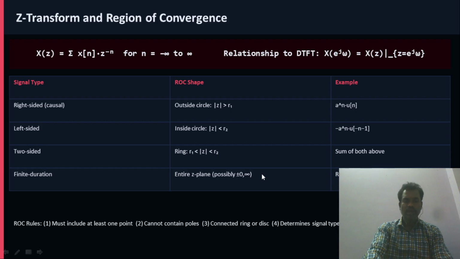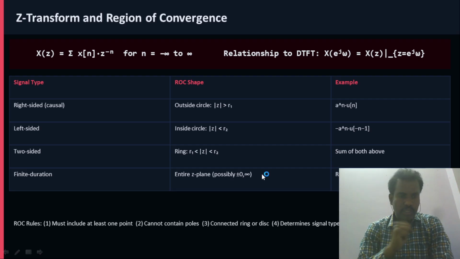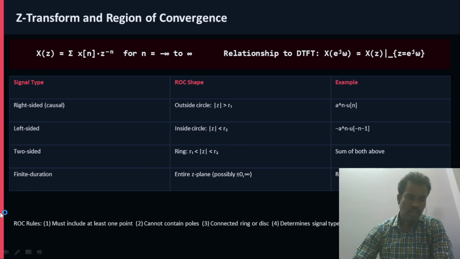Likewise, you can find the Z transform for any input signal, but only for a limited region of convergence. That depends on the signal. The region of convergence has some rules.